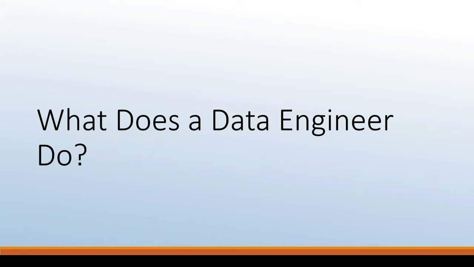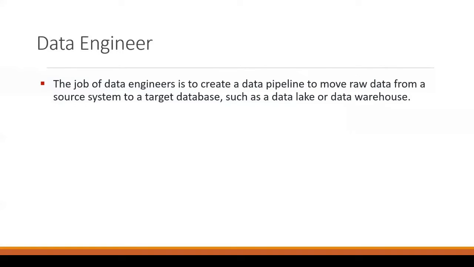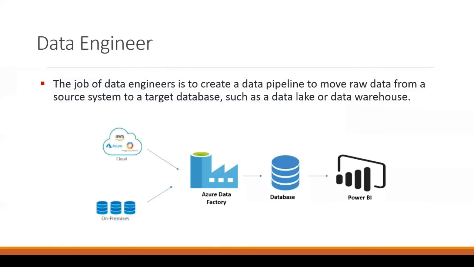So what does a data engineer do? The job of a data engineer is to create a data pipeline to move raw data from a source system to a target database, such as a data lake or data warehouse. You see in the diagram, as a data engineer, you will be able to create Azure Data Factory to get data from on-premises and other Azure cloud to a data target.